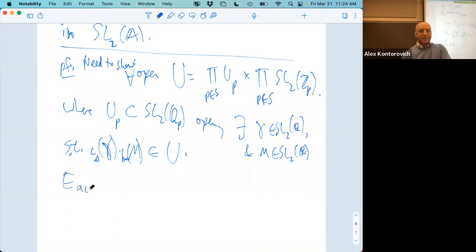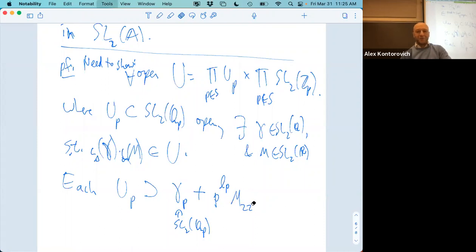Each U_p contains a set of the form some gamma_p, where gamma_p is in SL2Q_p, plus p to some large power, like maybe l_p, times just 2 by 2 matrices, M2 of Z_p.